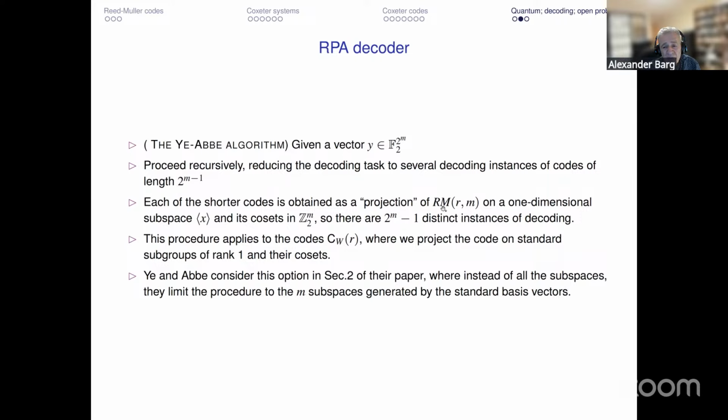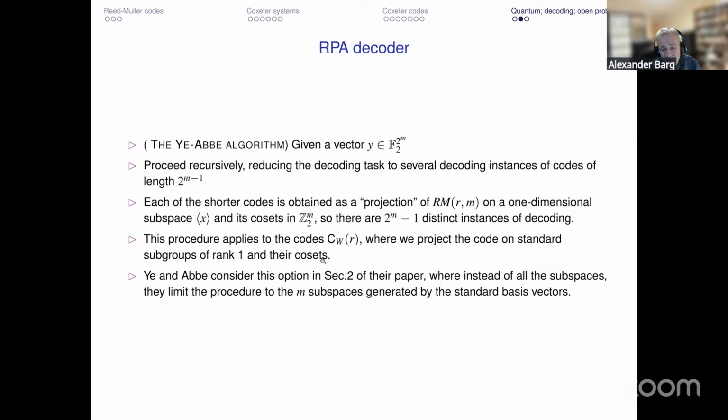Each of the shorter codes is a projection on a one-dimensional subspace and its cosets. So there are that many distinct instances of decoding, which we then aggregate by something like majority voting. And this applies to Coxeter codes in general, because we project on standard subgroups of rank 1 and their cosets.